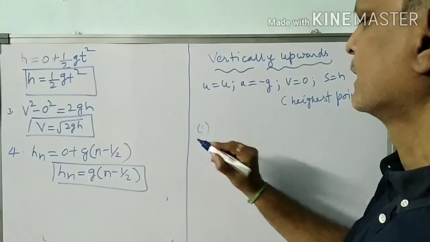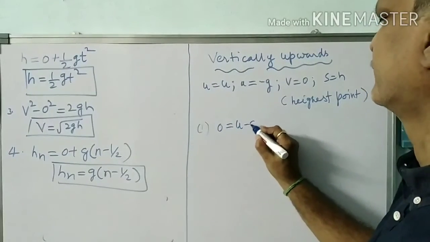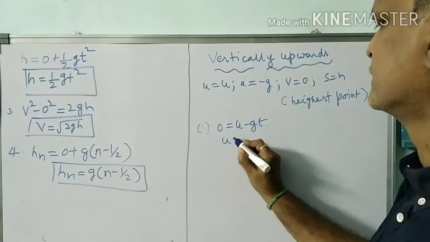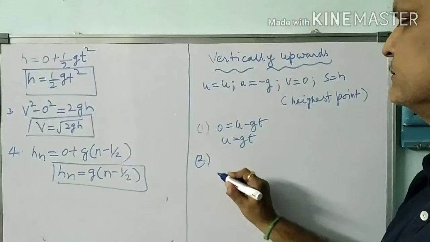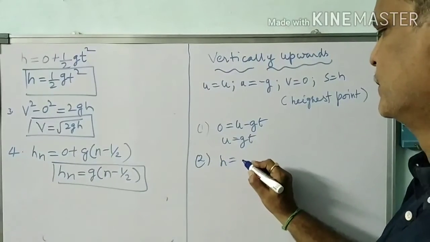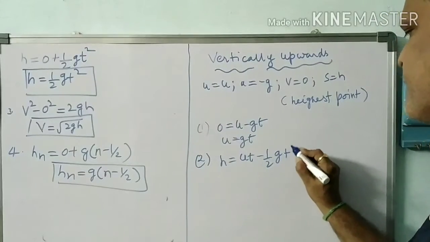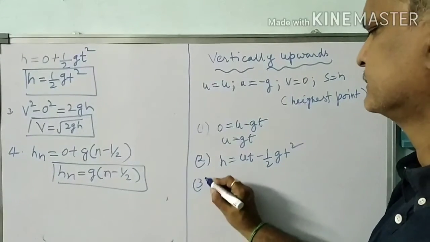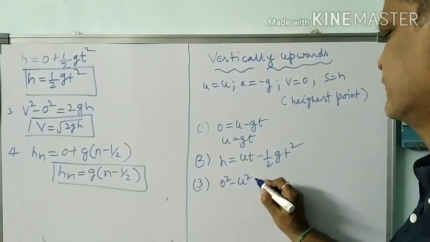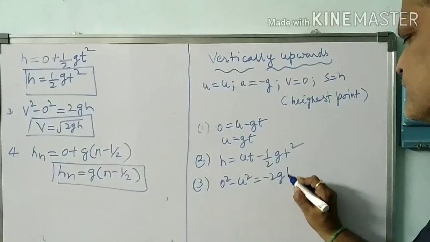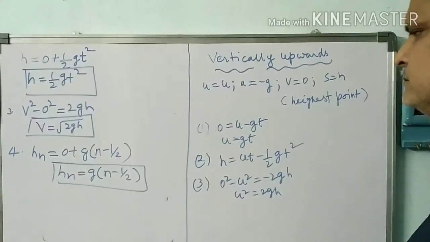First one, v is equal to 0, so 0 is equal to u minus gt, or u is equal to gt. This is the first equation. Second one, h is equal to ut minus half gt square. And third one, v square, 0 square minus u square is equal to minus 2gh, or u square is equal to 2gh.